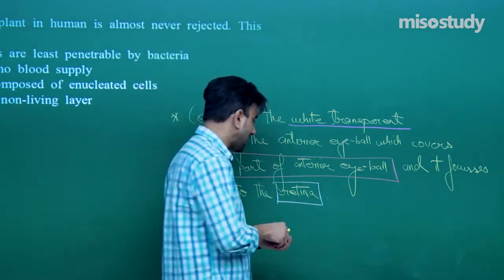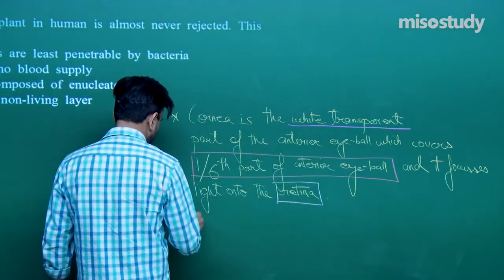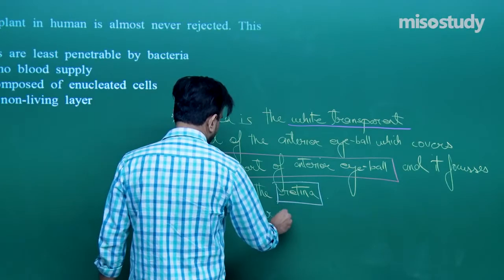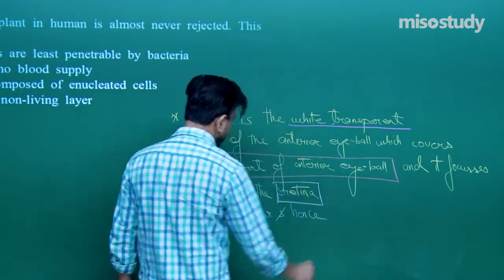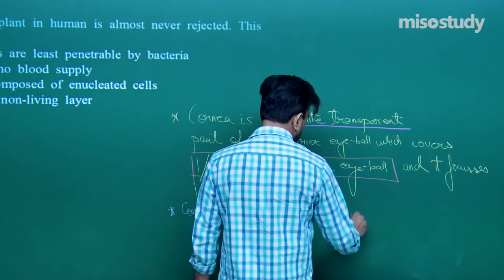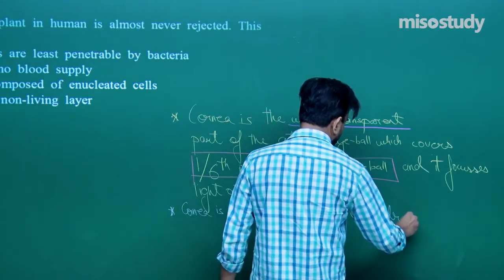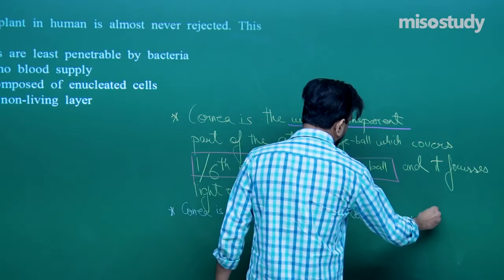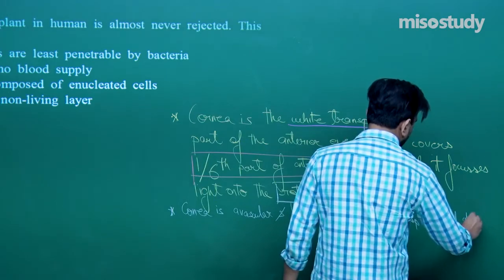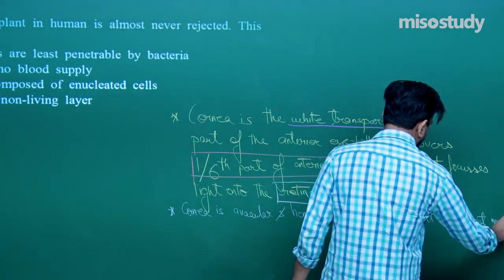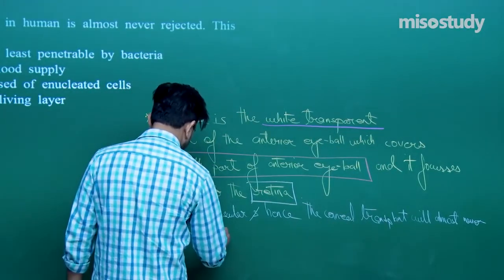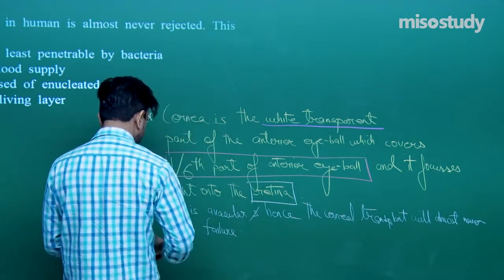Now this cornea is avascular, and hence the corneal transplant will almost never be a failure.